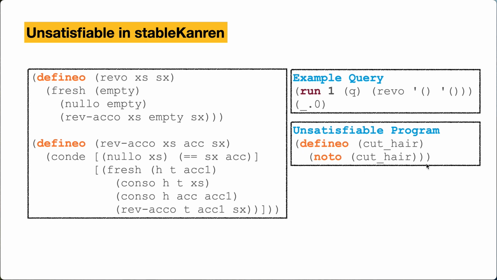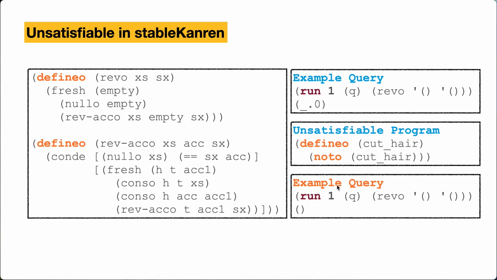It will still try to do the non-monotonic checking on this part, leading the query to fail. So right now, if we have the reverse row and the cut hair in the same environment, the run will be unable to produce the answers. This is the thing we will try to fix later.